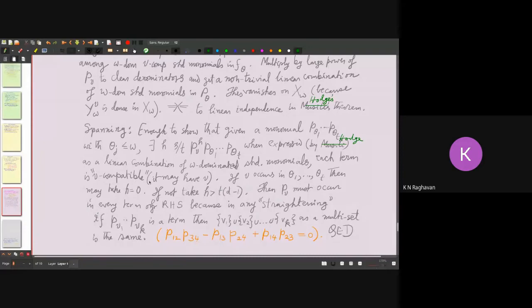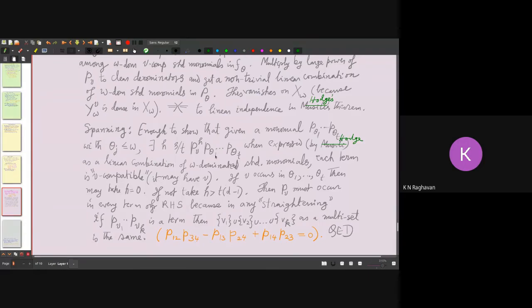Okay, here it may have V in it, but in fact it does have V in it, but V compatible means, sorry, I should have used some other term, weakly V compatible in the sense that it could be equal to V, some of the elements, but every element that occurs on the right side of the linear combination is comparable to V. That's what this means.